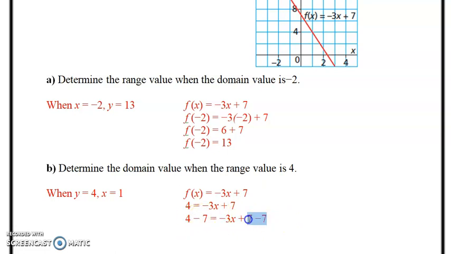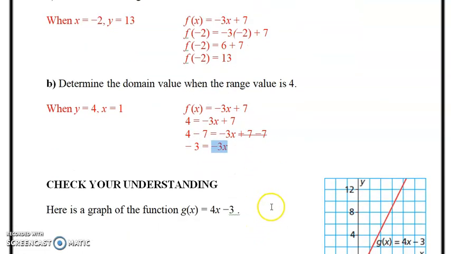7 subtract 7 is gone. That leaves you with 4 subtract 7, which is negative 3. Now, the next step is to divide both sides by negative 3.